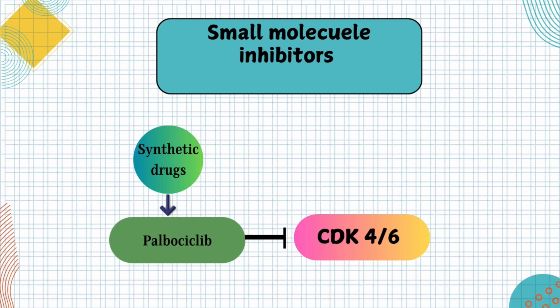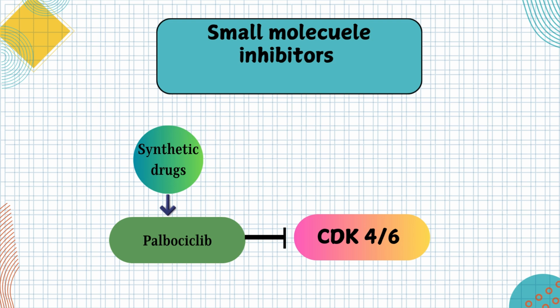Now I'm going to show you a small molecule inhibitor which is a synthetic drug. What is its name? Its name is palbociclib. This drug is an inhibitor of CDK4/6. CDK4/6 is very important when it combines with D-type cyclin.